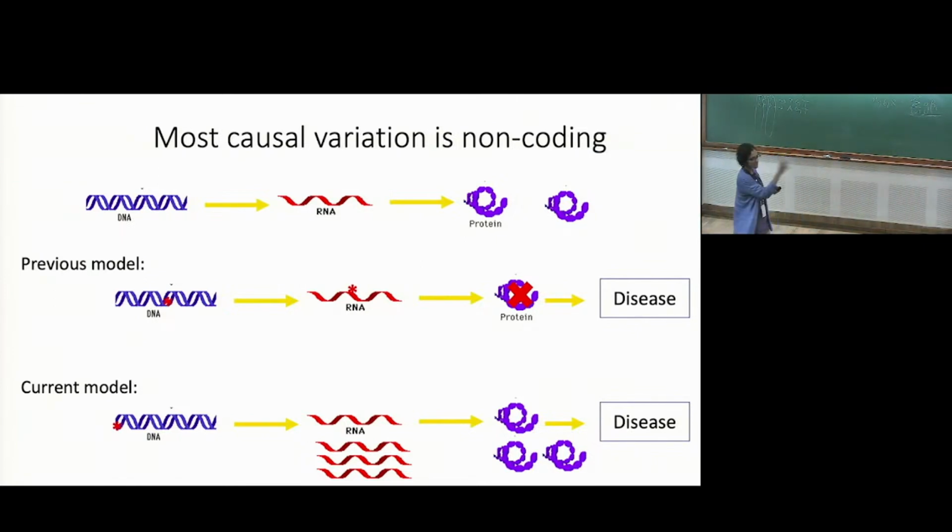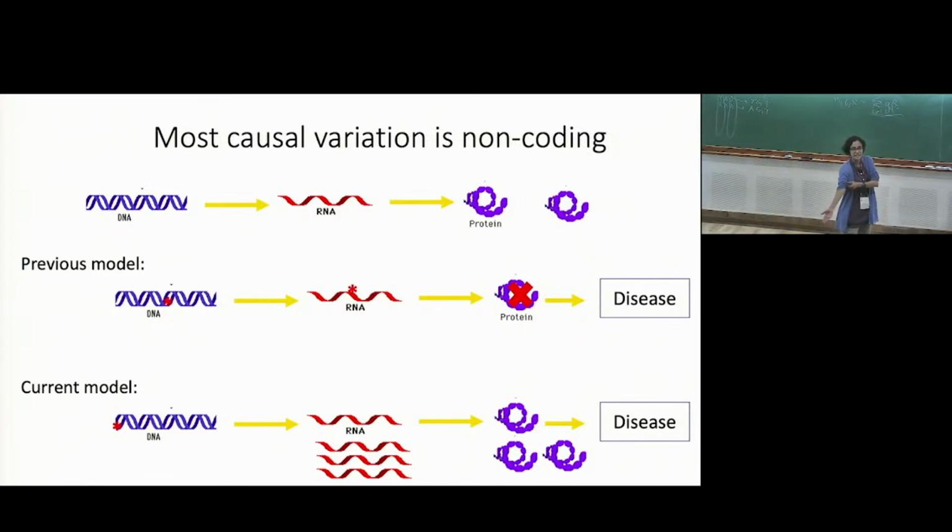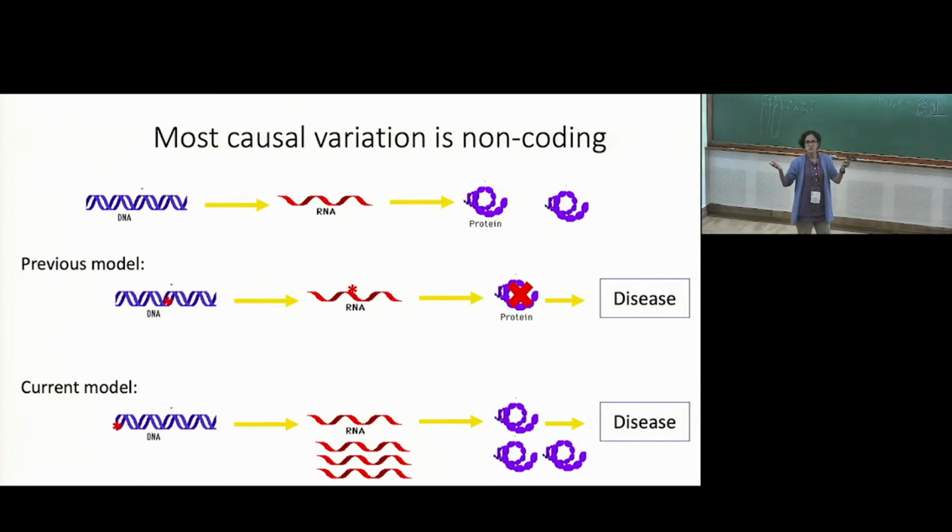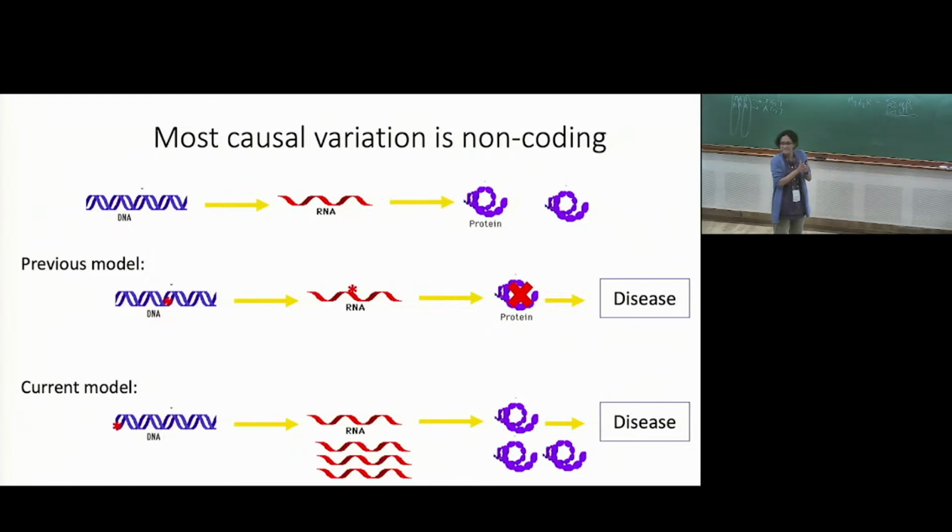These studies tend to be focused on, as I said, common disease, but also unrelated populations, for a reason I will come to at the end. That's a really good question: what happens when there's consanguinity? What happens if there's more genetic relatedness in the samples you're studying? We'll come to that at the end. But these are generally done in unrelated populations, and I'll tell you why.